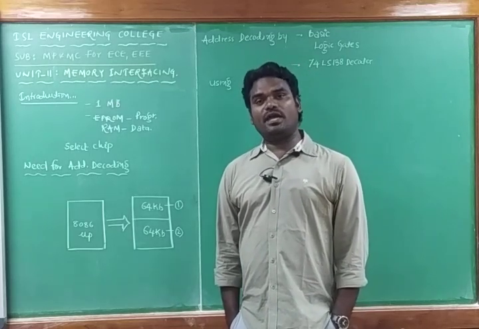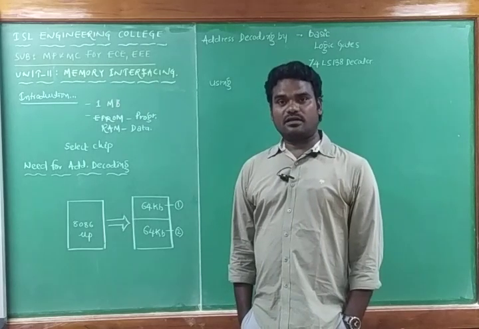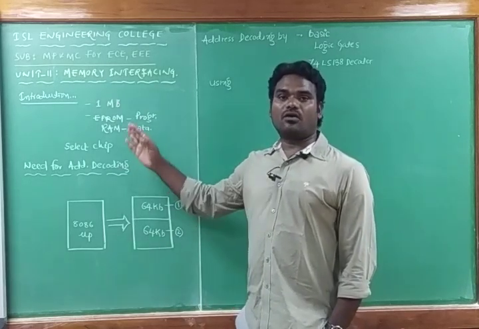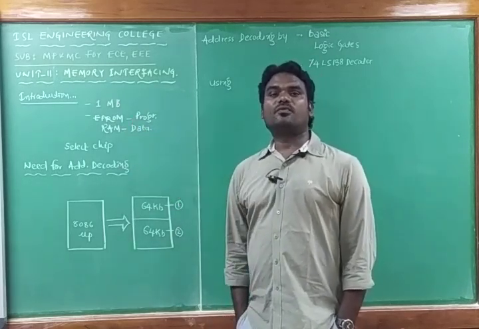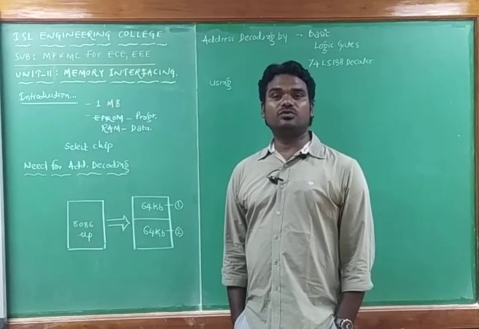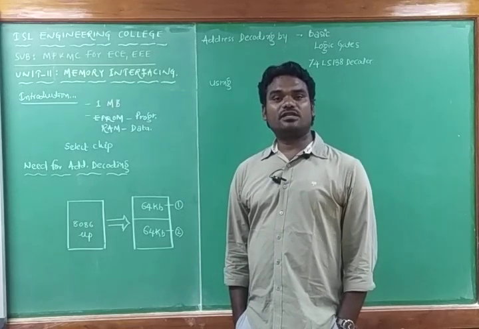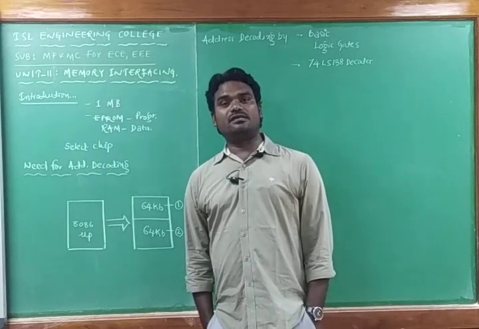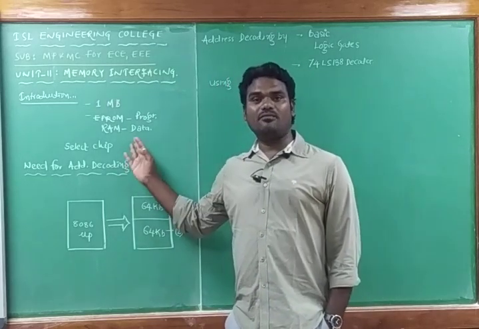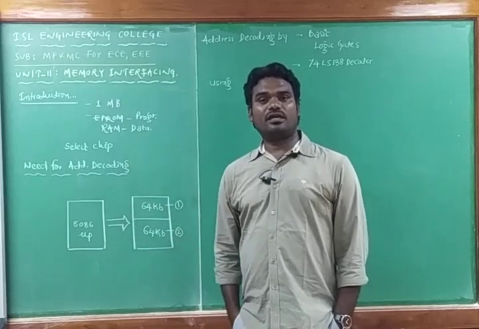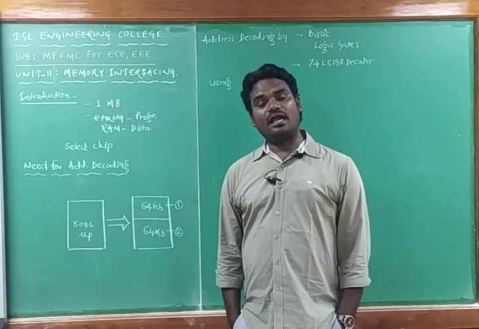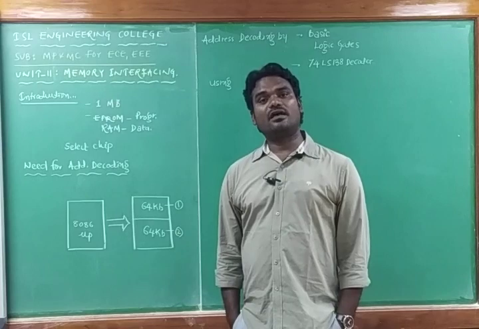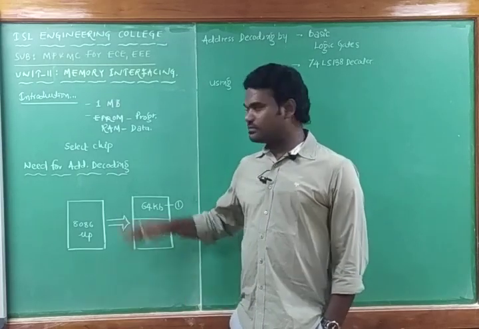If the 8086 microprocessor selects the ROM, the processor is going to read the instructions, that is, the program. If the processor sends an address of the RAM, then from that location we can either write the data or read the data.